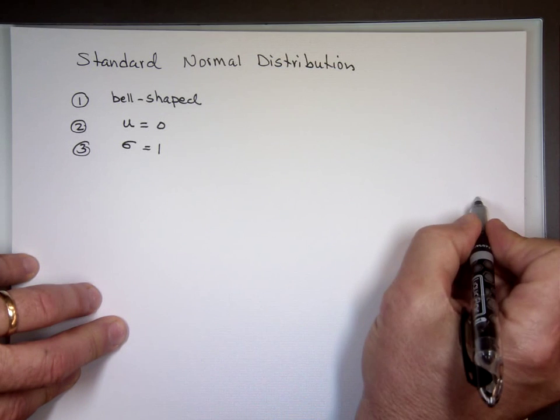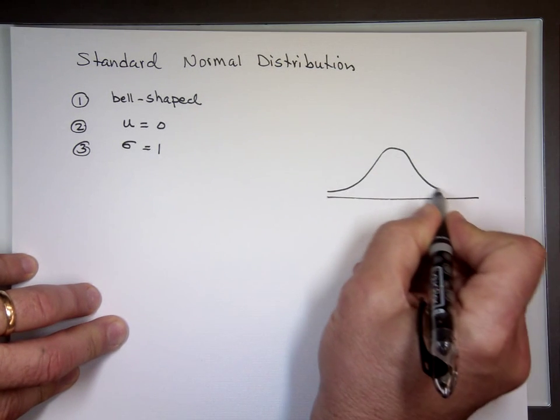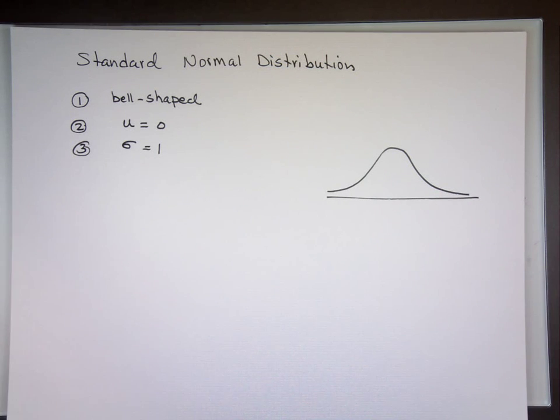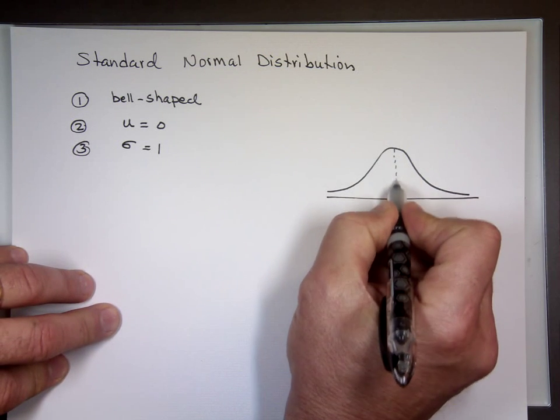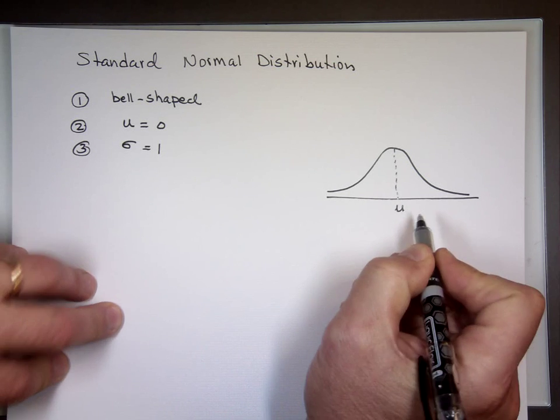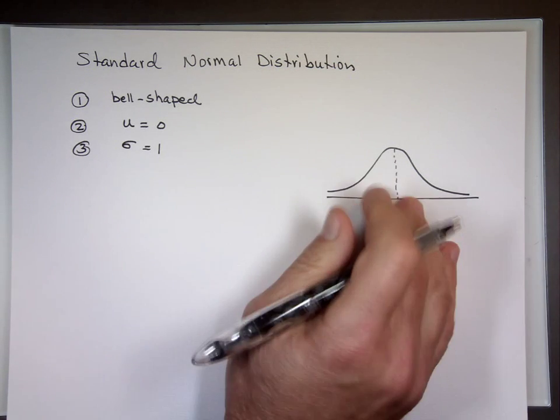So a bell shape again will look something like this, the graph. Standard deviation of 1, so your average is right here. Average is 0. A few things about this graph.